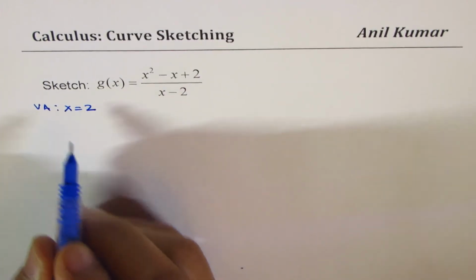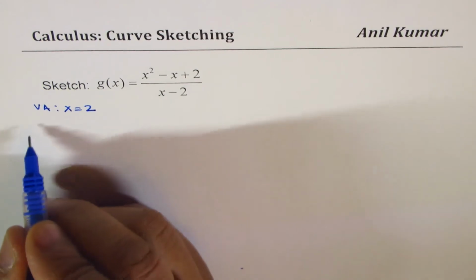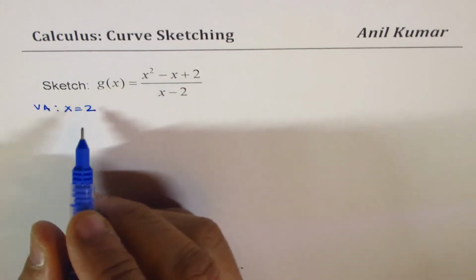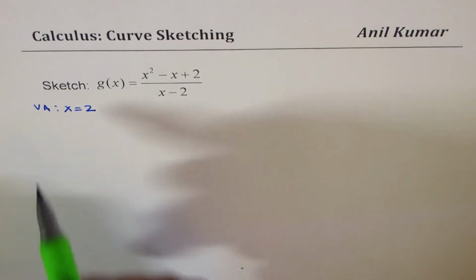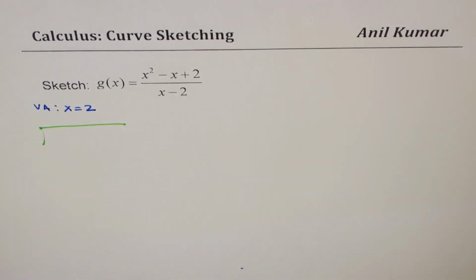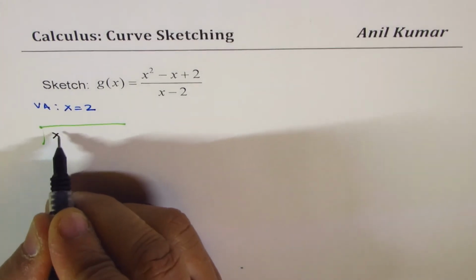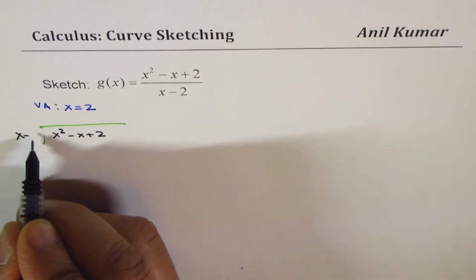And to find the oblique asymptote, we need to divide, correct? So now we will divide the function, whose numerator is x squared minus x plus 2, by x minus 2, right?